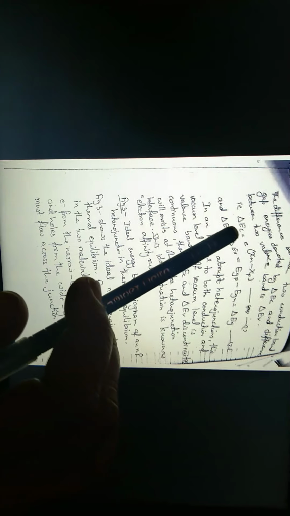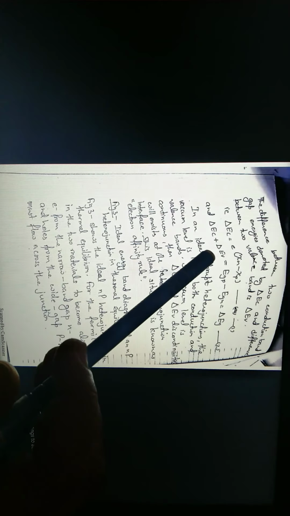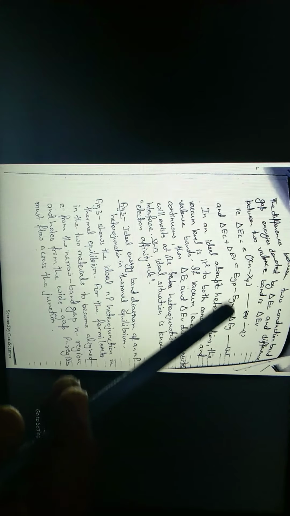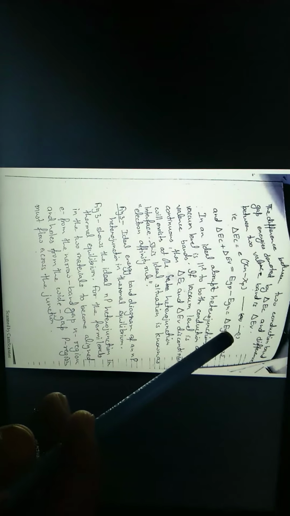For this delta EC, I have given an equation over here: delta EC is equal to chi n minus chi P, that is the difference of the electron affinities of the n type and the P type semiconductors relative to their conduction bands. When this is added to the difference of the valence band, it gives the difference of the band gap for the n type and the P type, and that gives you the overall band gap for the nP type anisotype heterojunction band diagram.